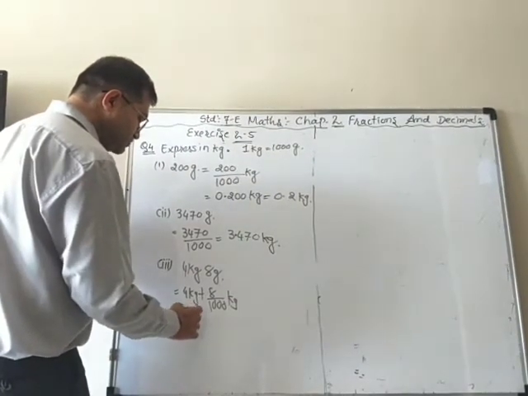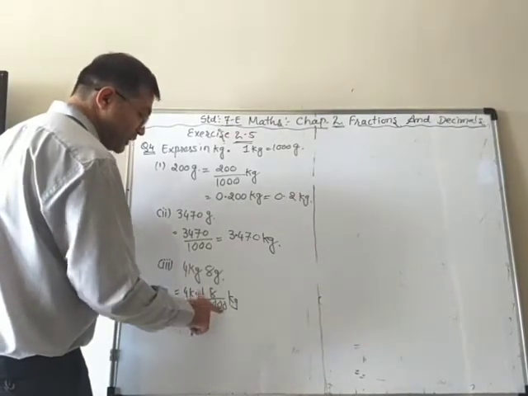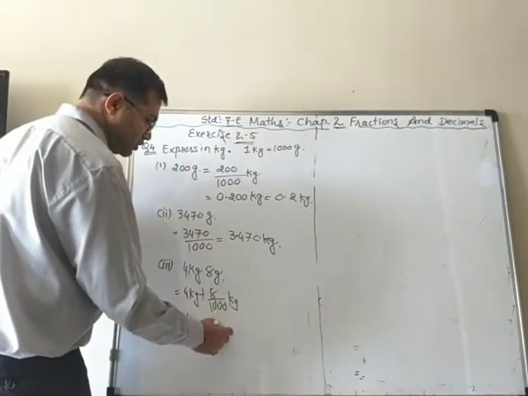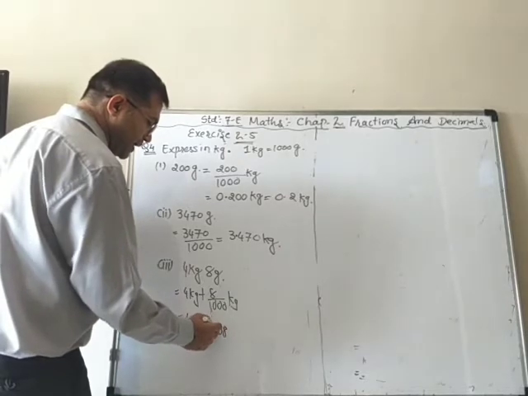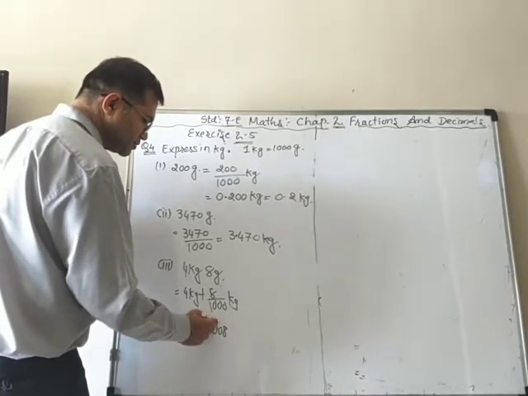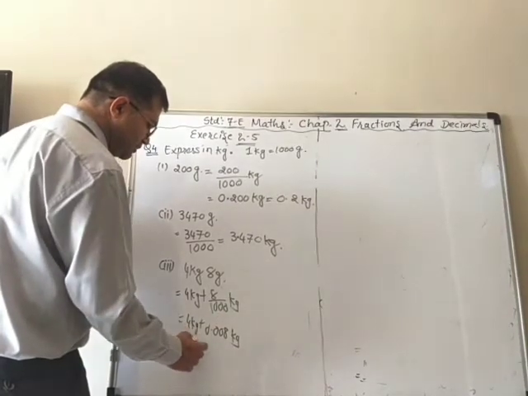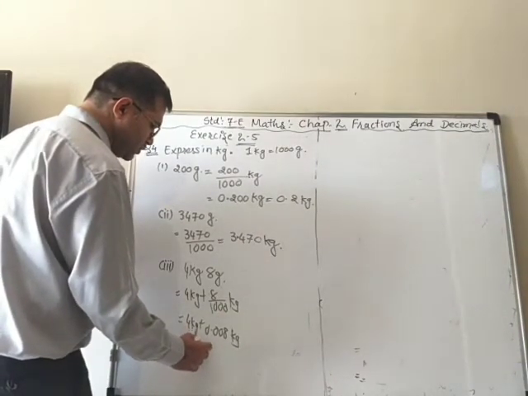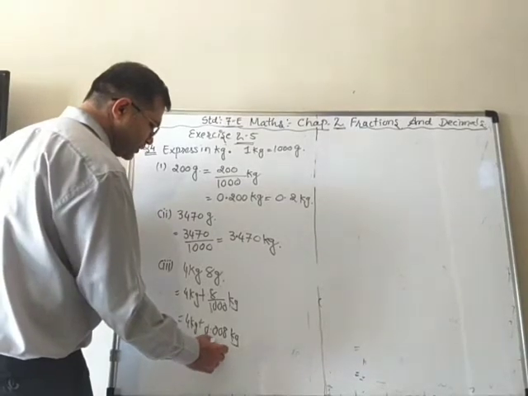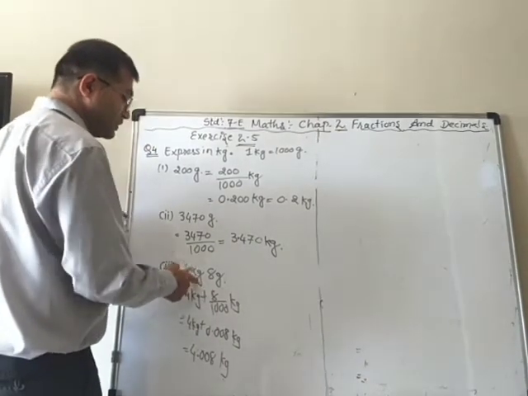It means that it is 4 kilogram plus, now 1, 2, 3 digits, that much kilogram. So now when we add, it will be 4.008 kilogram.